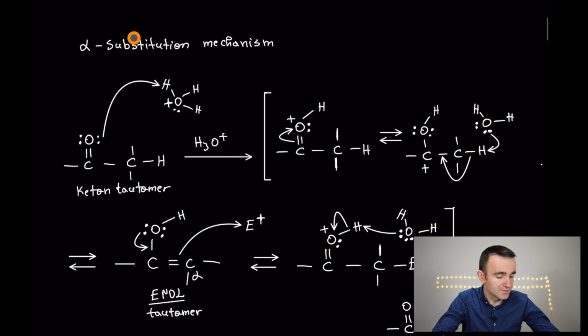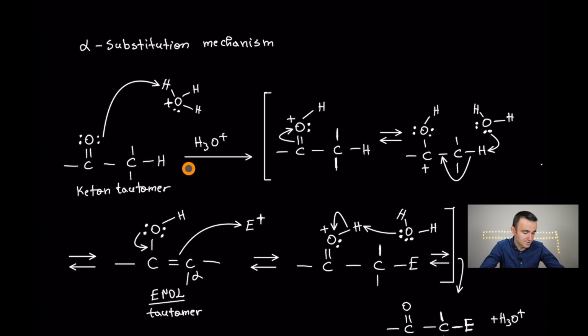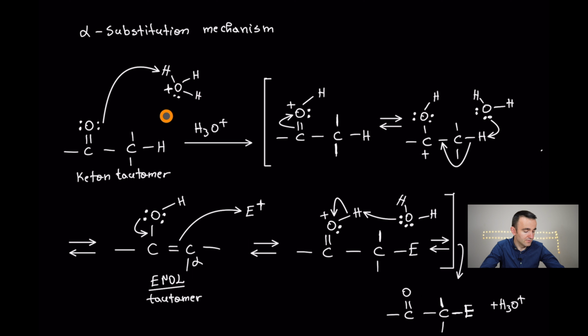In terms of the alpha substitution mechanism, no need to memorize it because we are not in advanced organic chemistry here, but just to give a general idea: in acidic condition, ketone tautomer, for example, the H3O+ is going to do protonation of the oxygen, and after that we have a resonance structure here. This proton that was taken from the oxygen is going to remain after that as a base.